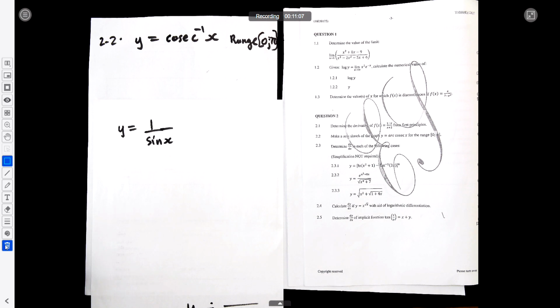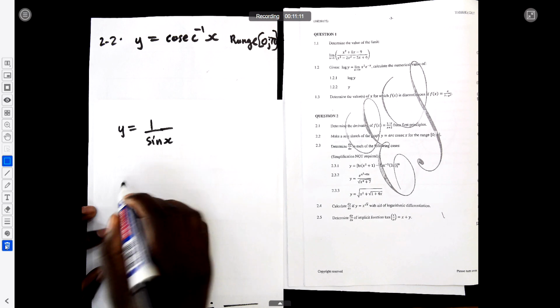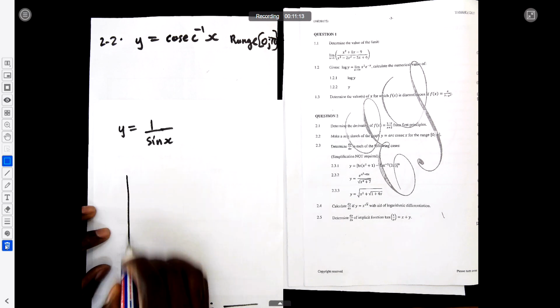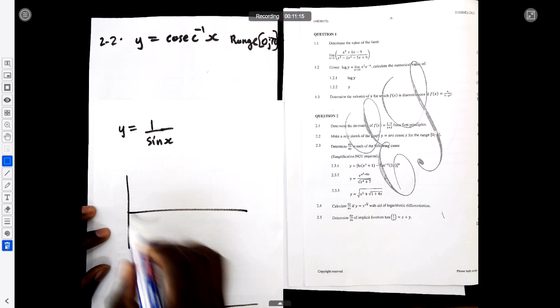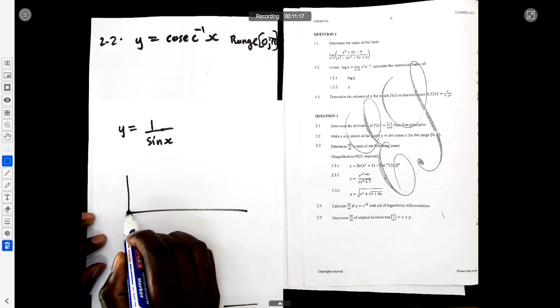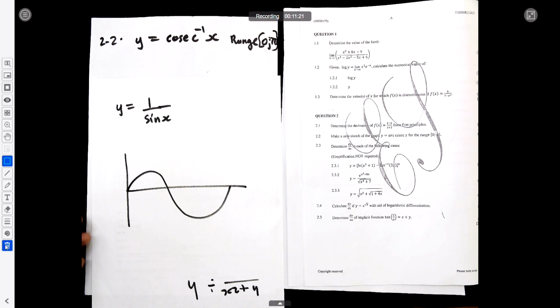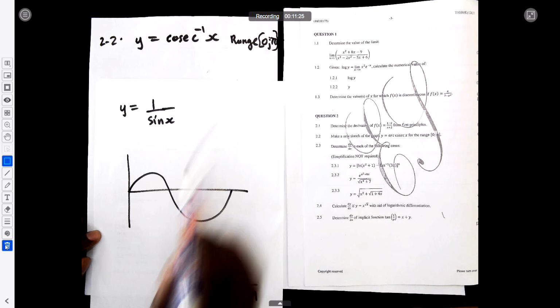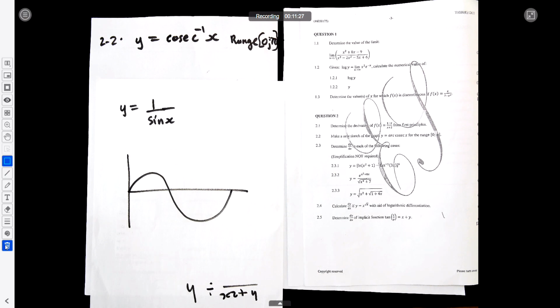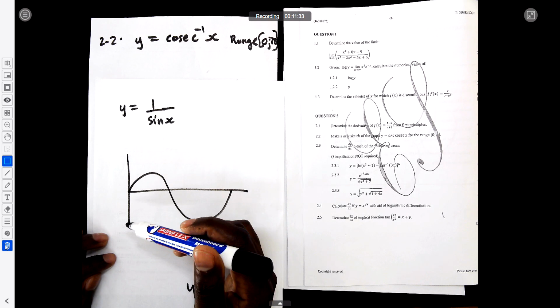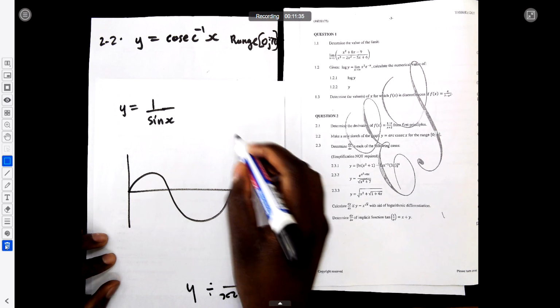If you know the graph of sine, it starts at 0 and completes a cycle at 360 degrees. So 0 to pi is a similar thing.